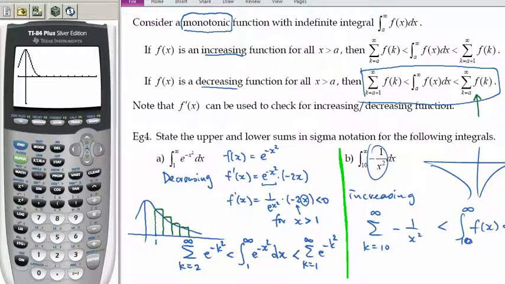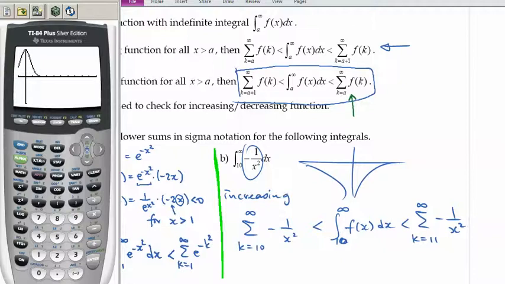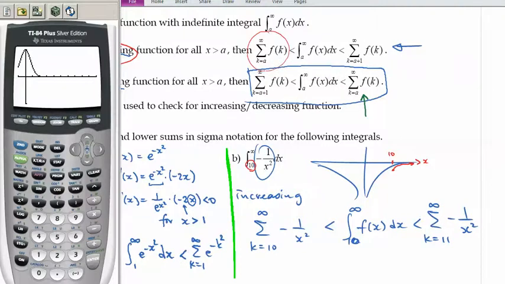And going back to example 4b, using the same concept, if you are looking for an estimated value using sigma notation, starting from x equals 10, which is somewhere down the road for x value, seeing how this line is increasing from this point all the way to the end, you will be using this definition here, which involves this and that.